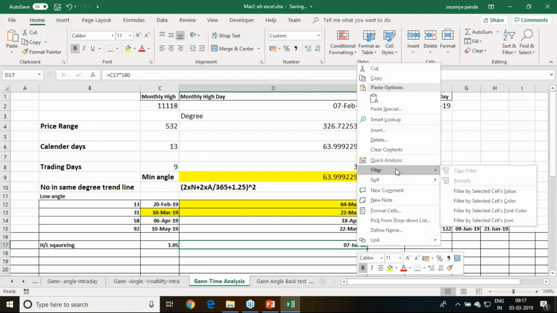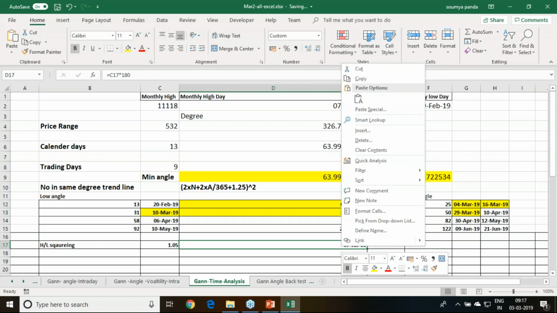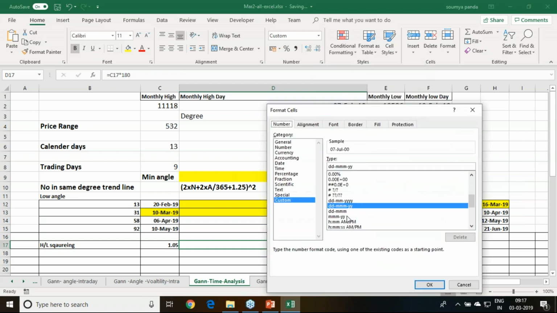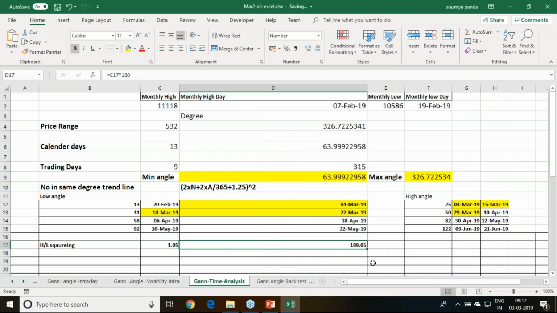So 180 degree completes 12 cycles, and there are 12 months in a year. That's why 180 is being taken here for cycle 1, and the reason for the factor of 180 degree being equal to 1.